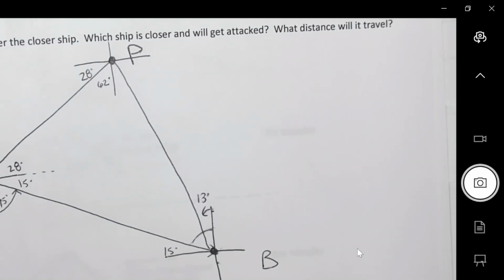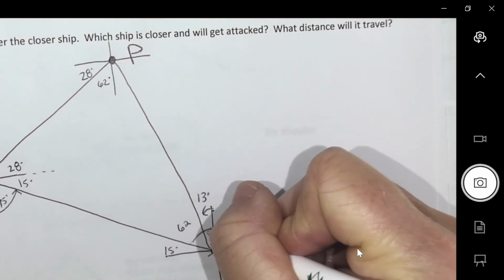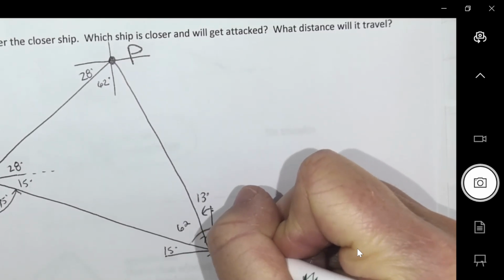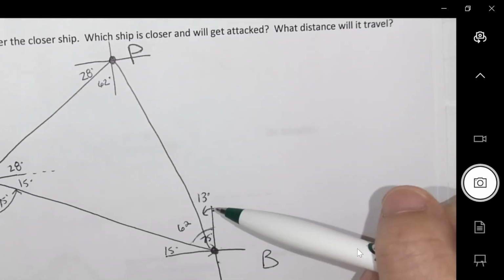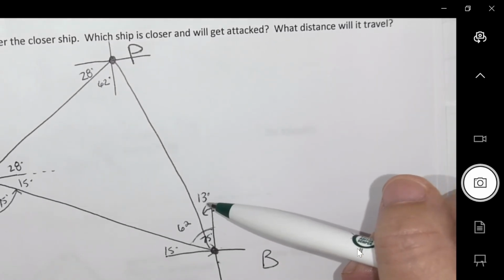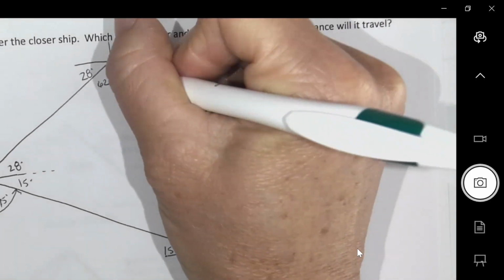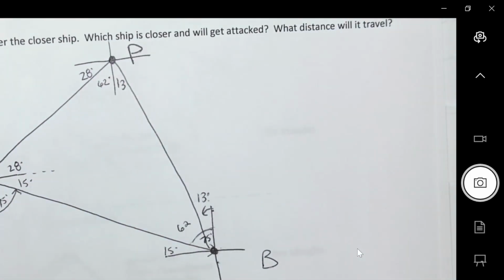Can we take off the 13 from the 75? Does that make sense? Because the 75 would flip into that whole spot, but there's 13 that came off. Then the 13 would flip-flop there.